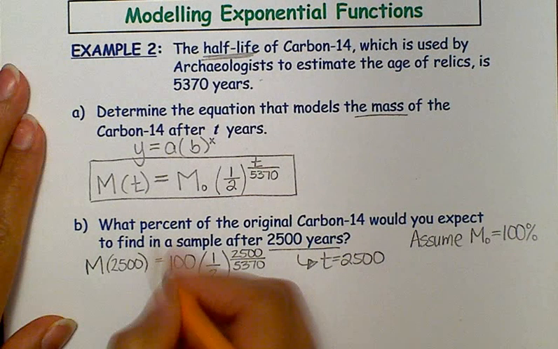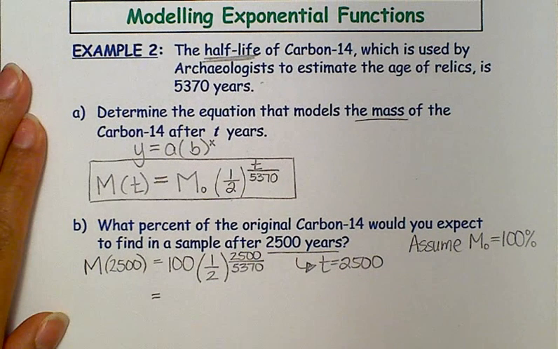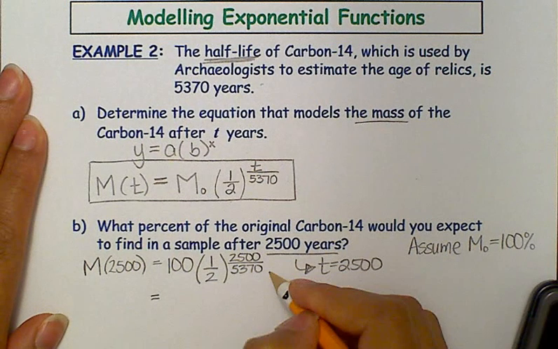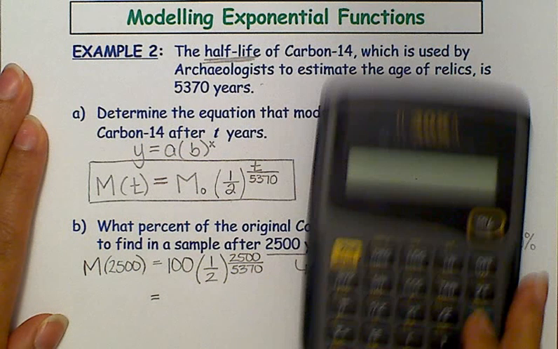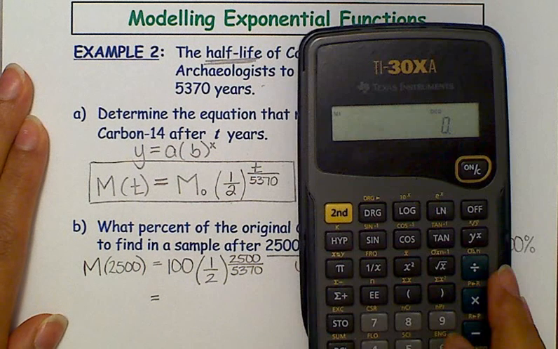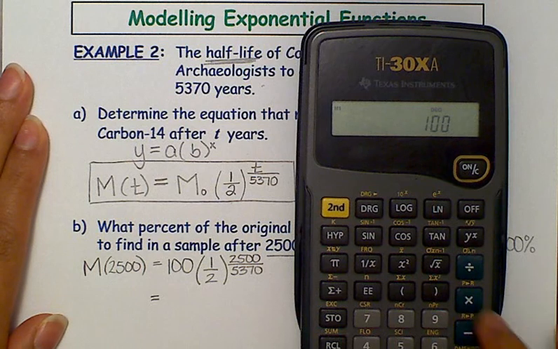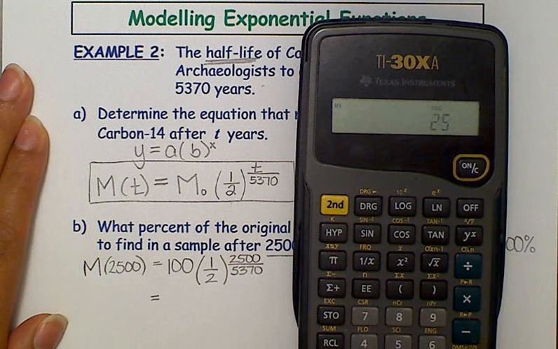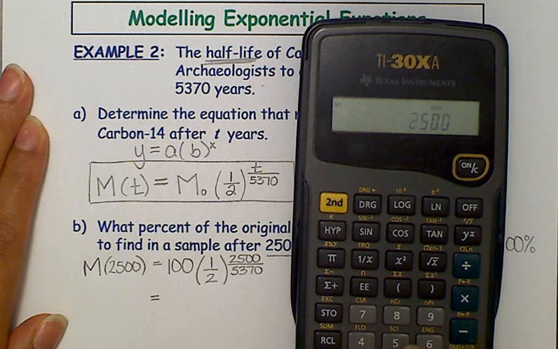This gives me an answer that's going to be messy because I know I can't divide 2,500 by 5,370 and get a nice number. So I'm going to do the entire process in one step. 100 times 1/2 to the exponent 2,500 over 5,370.